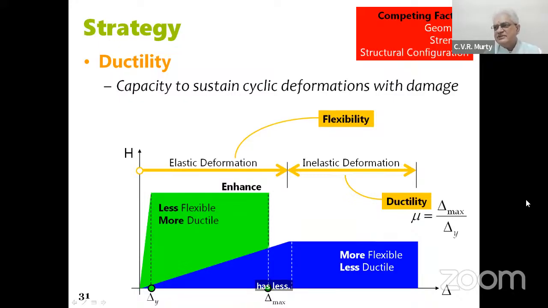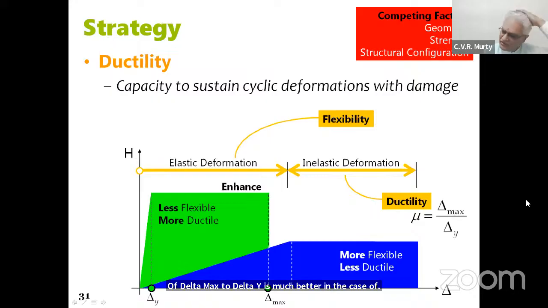But the bad news is that the second, blue case is less ductile because its delta y is very large and delta max is only moderately more than that. So the ratio of delta max to delta y is much better in the case of the first green structure.